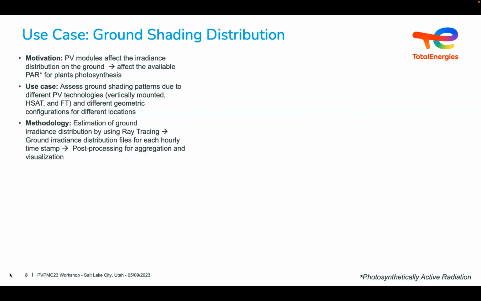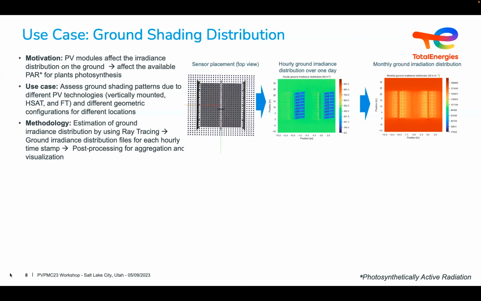The methodology that we are using is, again, focusing on ray tracing. We arrange different sensors on the ground, then we get hourly ground irradiance maps, and then with post-processing, we can aggregate them and create monthly, yearly, or whatever other type of aggregated values.